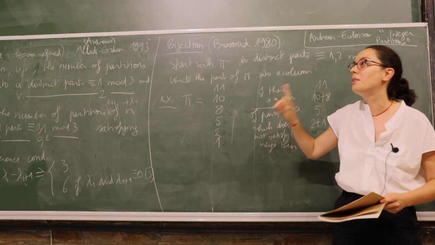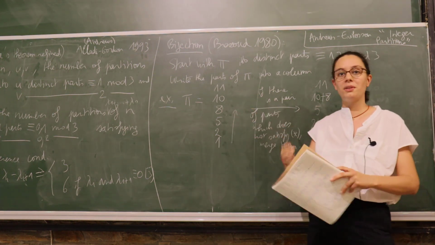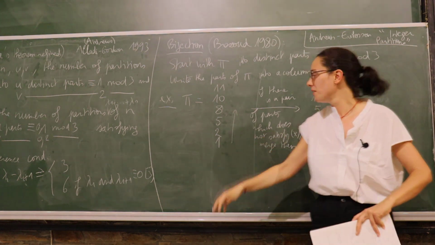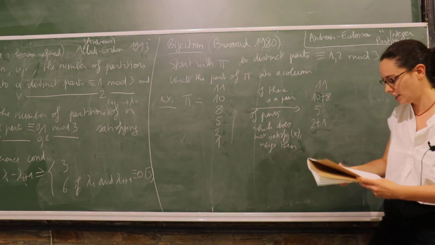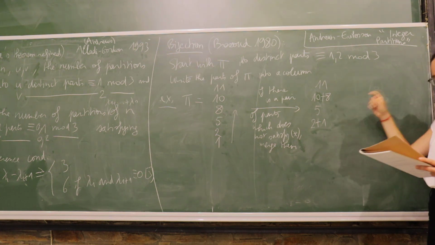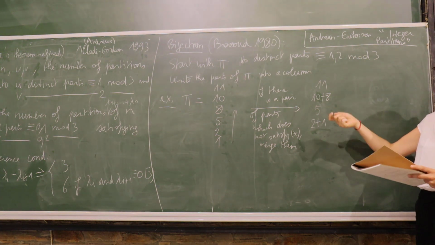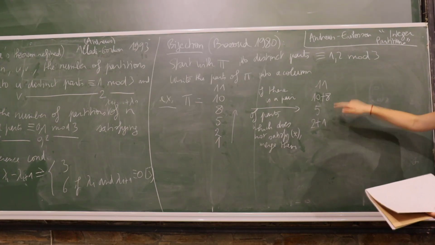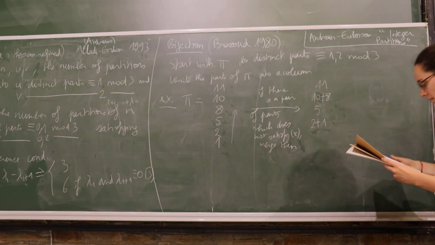And if you take two consecutive parts congruent to the same thing modulo 3, they differ by 3. So we are OK. So the only problems come if you have either 3k minus 1 and 3k plus 1, or 3k plus 1 and 3k plus 2. So here, the new things that were created are multiples of 3.